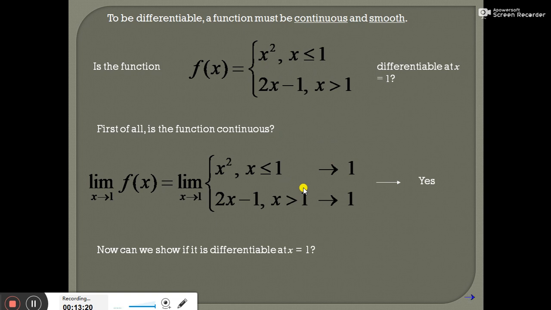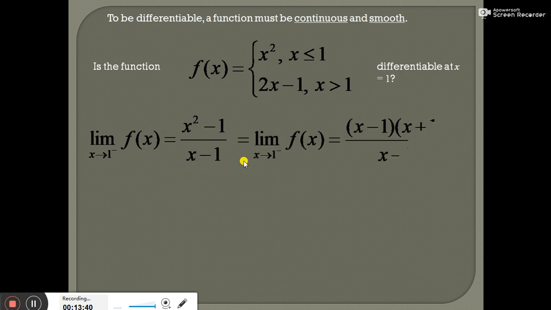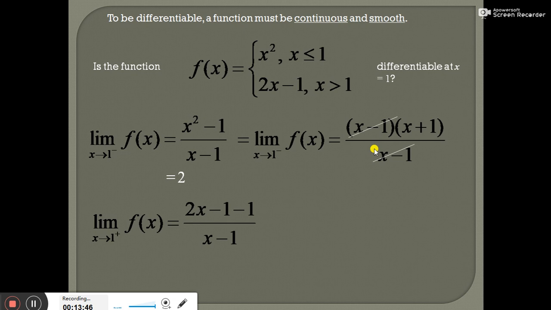And now we have to check whether this function is differentiable or not. For the differentiability, left hand derivative, limit x tends to 1 negative, f(x) minus f(1) upon x minus 1, that means x square minus 1 upon x minus 1. Simplifying this, cancel the like terms and we get equal to 2.